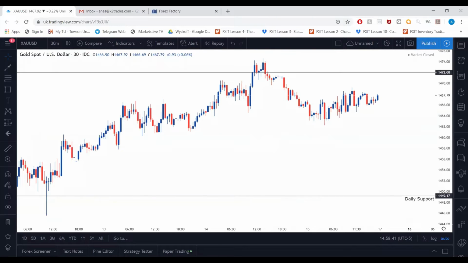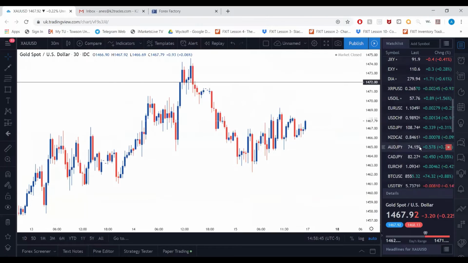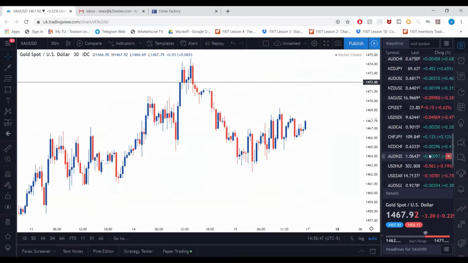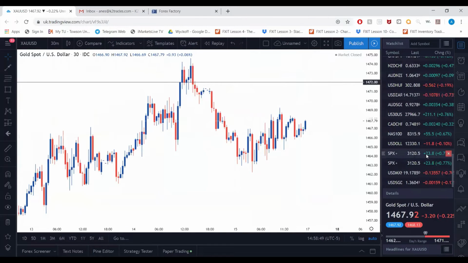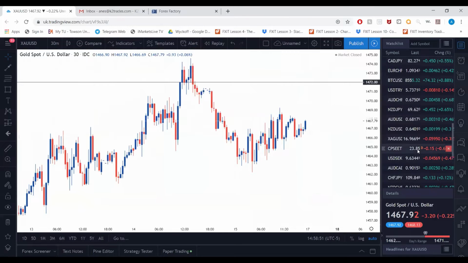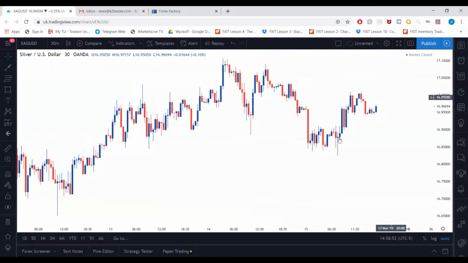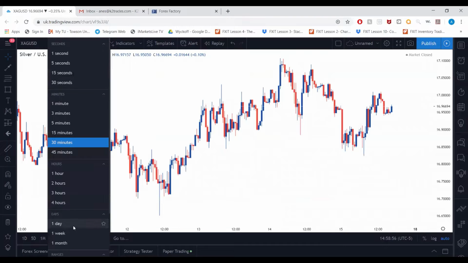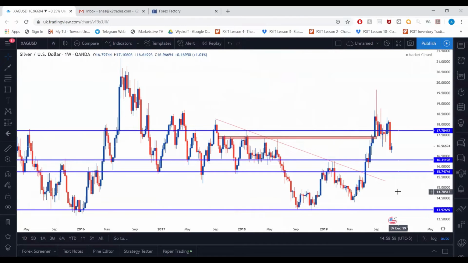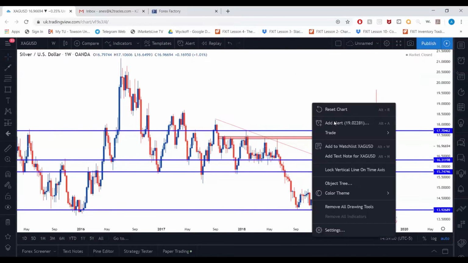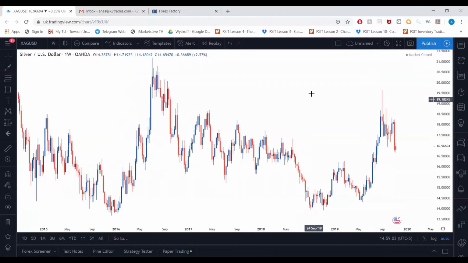Next, we have silver. Let's go over silver. Gagan, you're looking to buy silver still? Well, actually, Anas, for now, I have a bearish view on this. My target for the buy is 15.6. All right, let's clear this so we can go fresh.